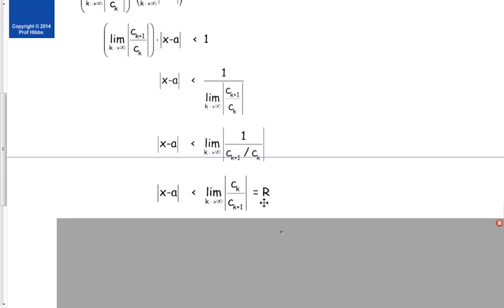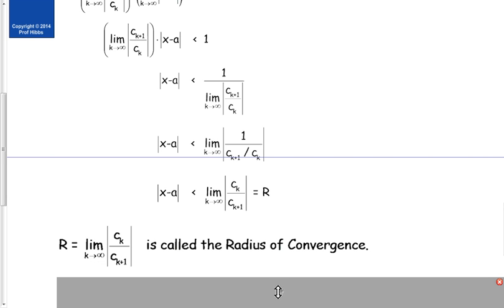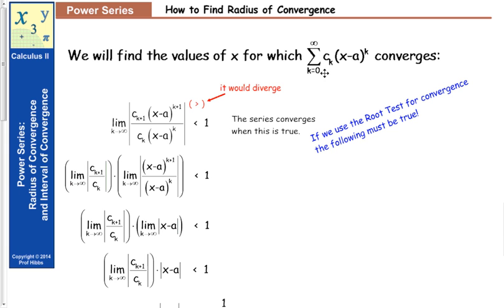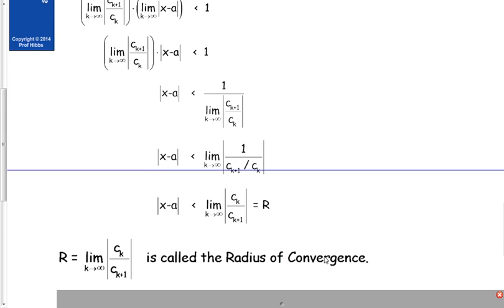Now, notice I put this equal to R, and that's just kind of out of the blue, because that's exactly the definition of what the radius of convergence is. And so that's how we calculate the radius of convergence, simply by calculating this limit of the kth coefficient divided by the k plus 1 coefficient. Now remember, that's not the entire piece. That's just this part of that series, and the rest of it kind of came out in the wash.